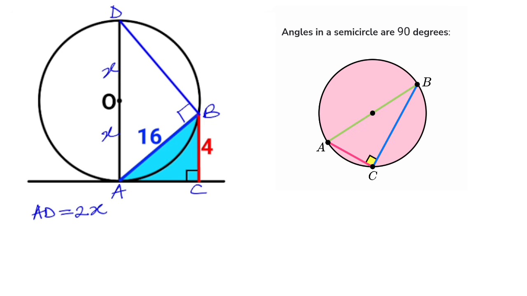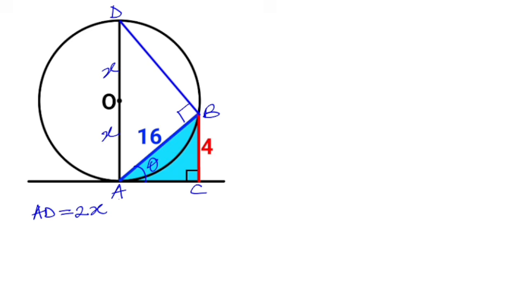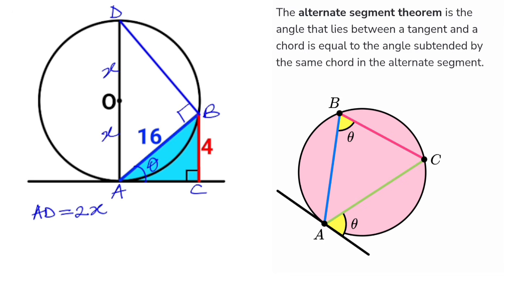Next, let's focus on triangle ABC. In triangle ABC, let angle BAC be theta. Again, let's recall the circle theorem of angle in the alternate segment. According to the alternate segment theorem, the angle between a tangent and a chord, through the point of contact, is equal to the angle subtended by the chord, in the alternate segment.